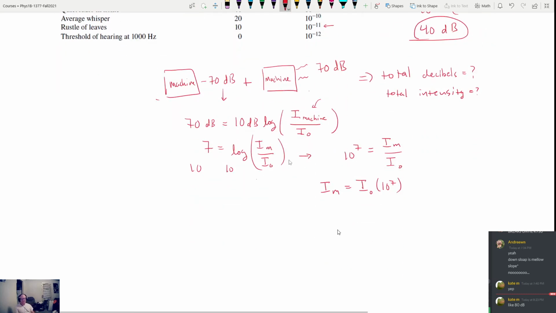And our reference intensity was 10 to the minus 12 watt over meter squared. You multiply that times 10 to the 7. Let's see, 7 minus 12, we get 10 to the negative 5 watts over meter squared. So this is the intensity for one machine.